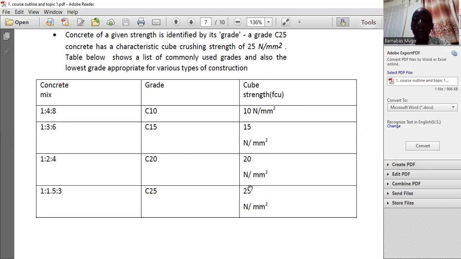Depending on the strength of the concrete, you get its respective characteristic strength. So we are going to be saying FCU of 20, FCU of 15, FCU of 25, FCU of 10. That means it's the characteristic strength of concrete, and it is dependent on the concrete mix.